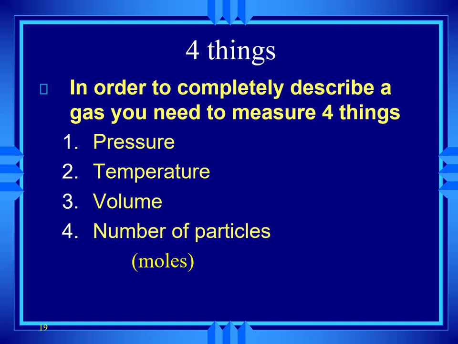And the temperature stayed the same. We didn't heat it or cool it, assuming the same temperature as the room. So we left those 2 constant, so by changing one, we could see how it affected the other. And that's the way they do it. They hold 2 constant and see what happens with the other 2.